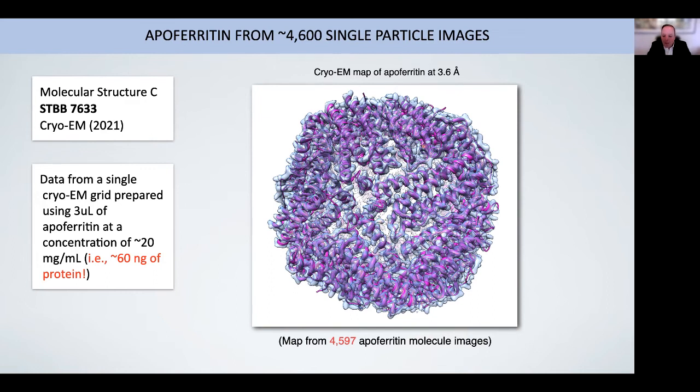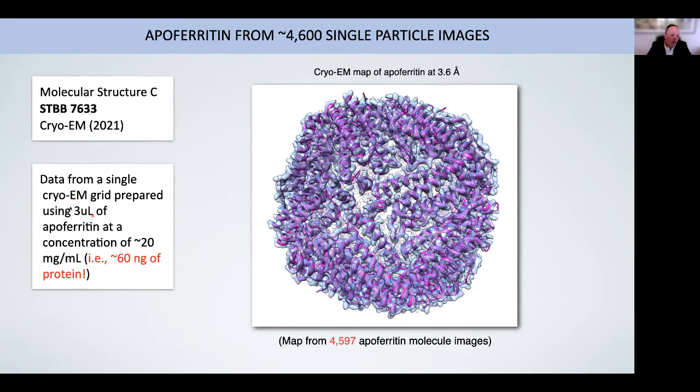So this map of apoferritin was calculated from data that the students collected and analyzed in class in basically a week or so. The map here specifically came from under 5,000 images of individual apoferritin molecules. So this really gives you an idea of what the technique is capable of. These 5,000 images came from a single grid.